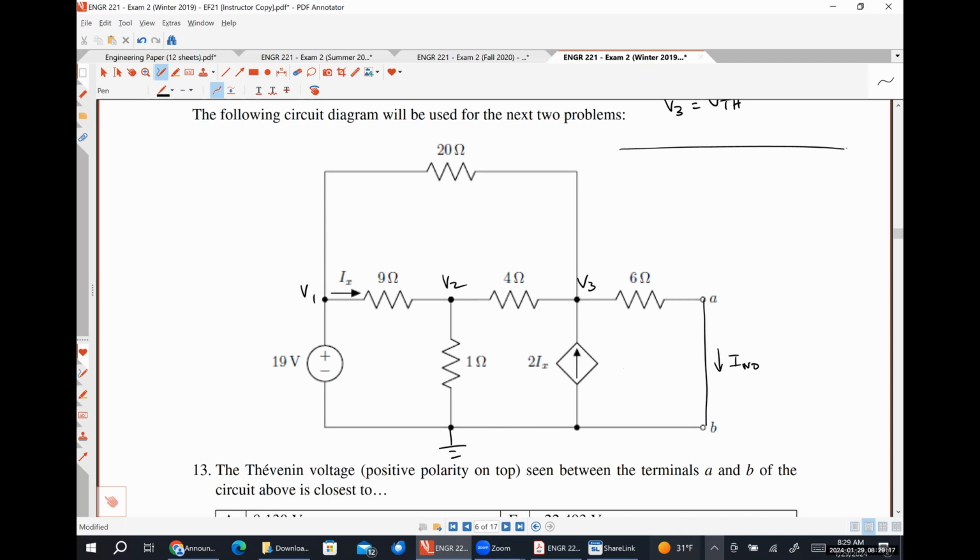Everything is going to be exactly the same except for our KCL at node 3. That's going to be V3 minus V2 over 4 plus V3 minus V1 over 20 minus 2Ix plus V3 over 6 is equal to 0. And then our Norton current is just V3 over 6. All the other relationships are the same.